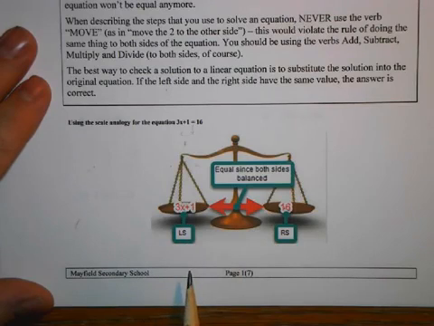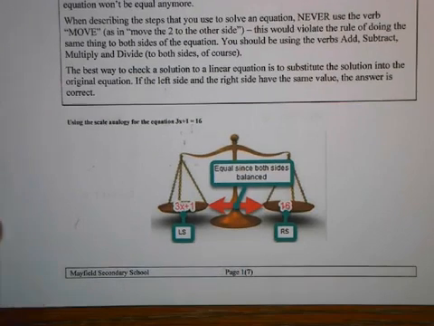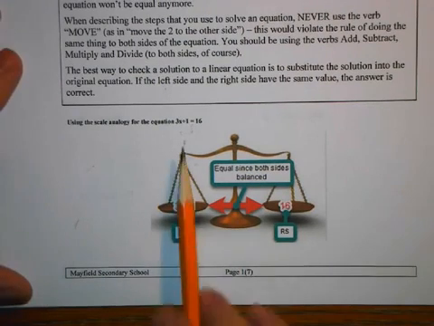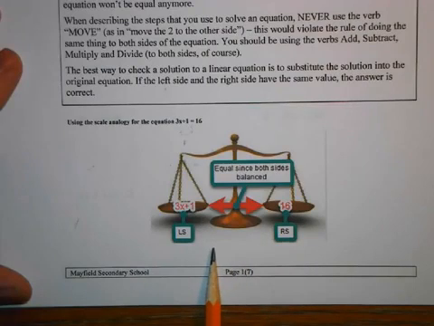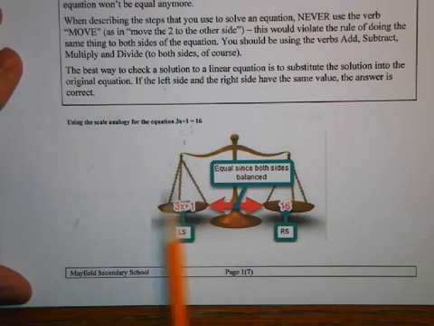I might be pretty confident about what I did, but until I actually check the answer, I'm not 100% certain. So the way you do that, say I got the solution x equals 5. The way we check that is I say, okay, if x equals 5, this side here would be 3 times 5, which is 15, plus 1 is 16.